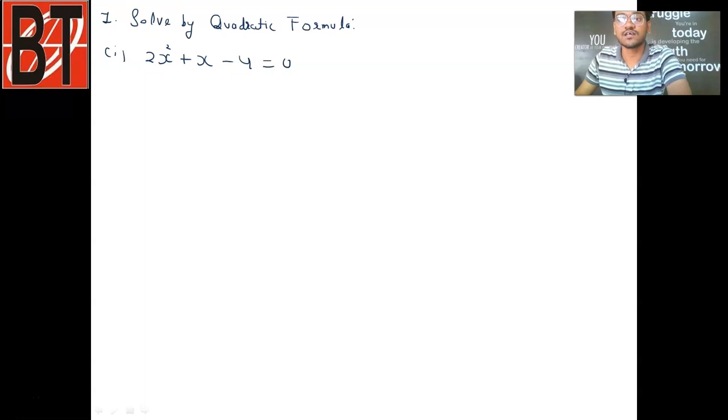Now students, just compare it with the standard form and let me know the values of a, b, c. Here the value of a is plus 2, the coefficient of x square. The value of b is plus 1 because the coefficient of x is plus 1, and the value of constant term c is minus 4 with the sign.